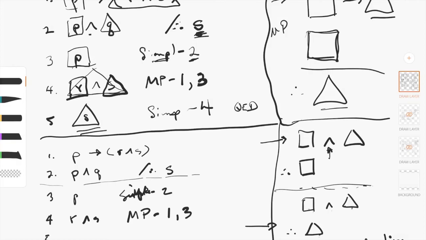And on line 5, we conclude S by simplification on line 4, and we write QED because the proof has ended. All right, so aside from my mistake calling line 3 modus ponens, you'll see that the justifications here are all exactly the same.